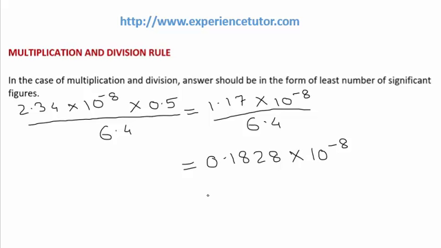Therefore, we can write it as 0.2 times 10 to the power minus 8. Because this number 8 is more than 5, therefore we added 1 to its previous number 1.